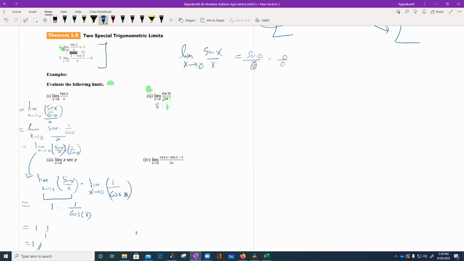But unfortunately, you have t here, but here I have 3t, two different things, right? What will happen if I rewrite this? If t goes to 0, it means 3t should also go to 0. Am I right?